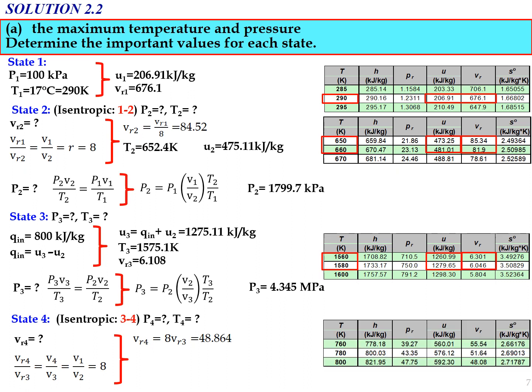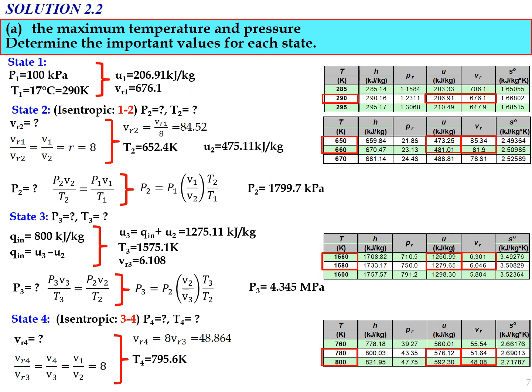By referring to the Vr4 value and also the ideal gas air table, find out the location of Vr4 in the table. So the location of Vr4 is in between 48.08 and also 51.64. So you need to make interpolation, between Vr value and also temperature value. So we will get the value for T4, which is equal to 795.6 Kelvin.